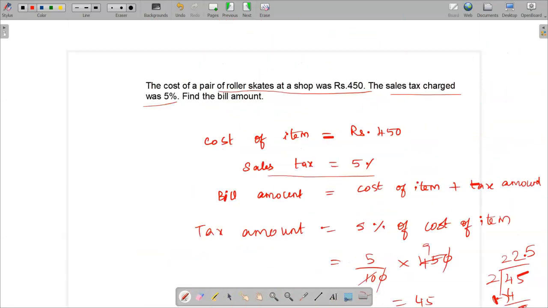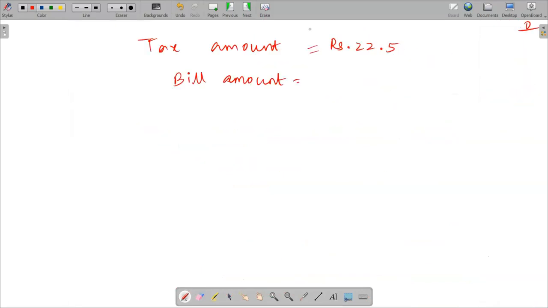It is 450. So cost of the item is 450 and the tax amount calculated is 22.5. So just add both the values, we will get the bill amount. Here it is 0.5, here it is 2, here it is 7, here it is 4. So the bill amount is given by 472.5. This is the final answer.